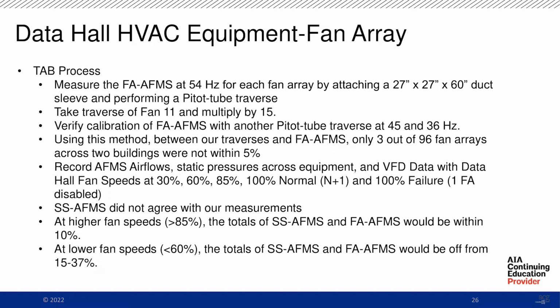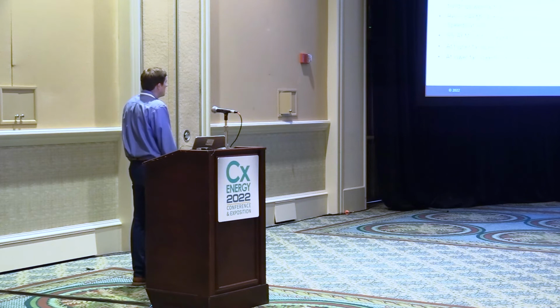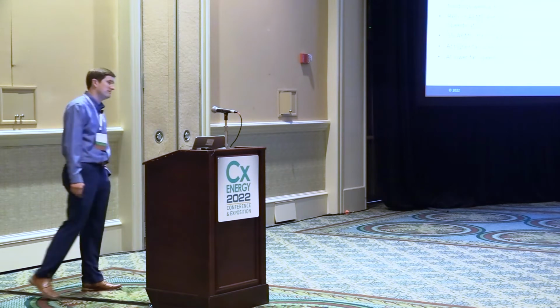We're all within 5% between our traverse and what the calibration on the fan array was showing. But the supply shaft airflow monitoring stations did not agree with our measurements. At higher speeds above 85%, the totals would be within 10% between the 2 airflow monitoring stations. At lower speeds, we were seeing all the way from 15 to 37% off.